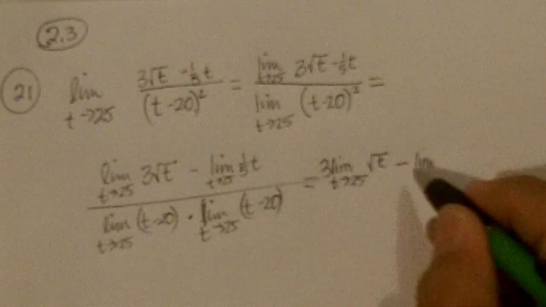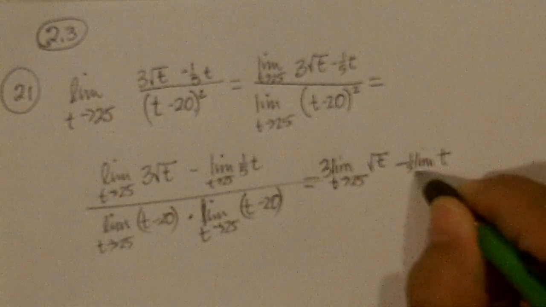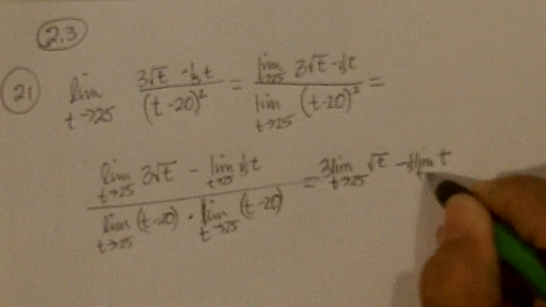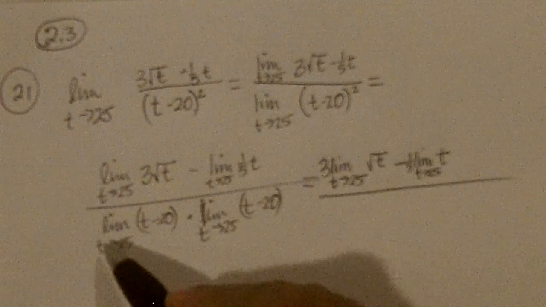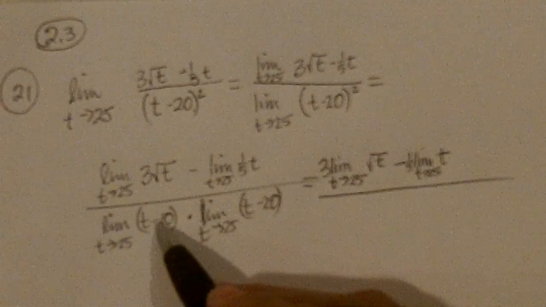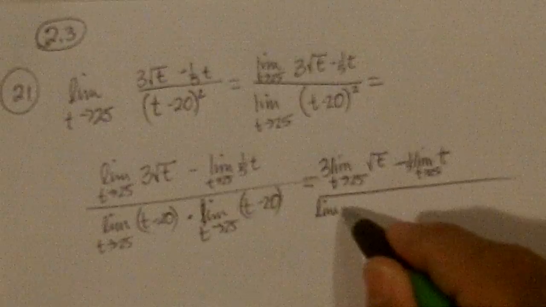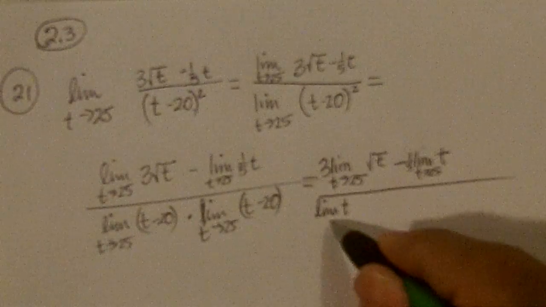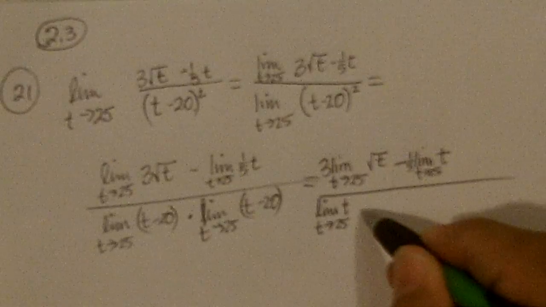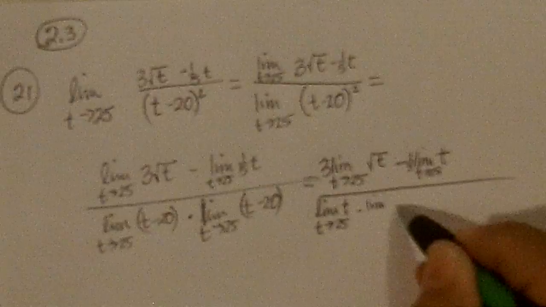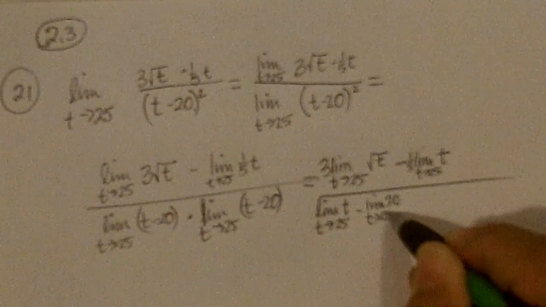And I can take the 1/5 out, 1/5 the limit of t as t approaches 25 over, and this is a difference, so I could do the limit as t approaches 25 minus the limit of 20 as t approaches 25.